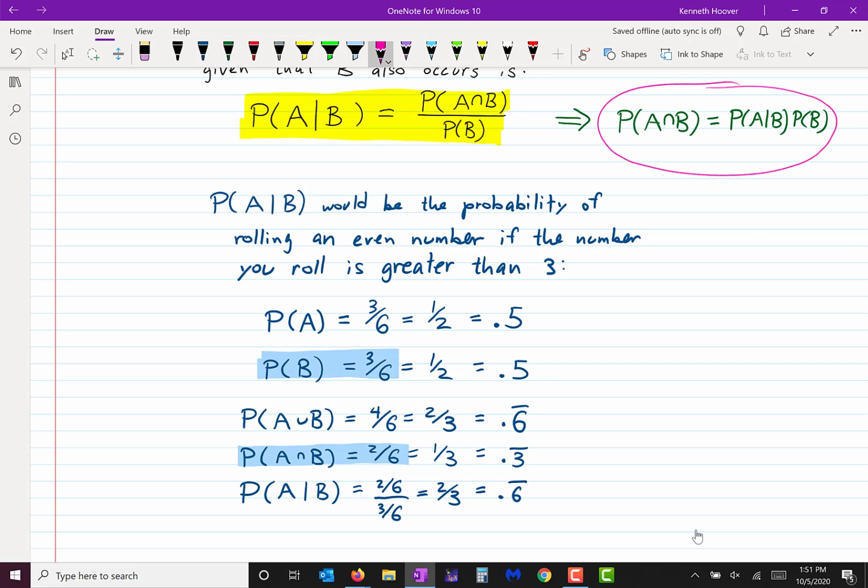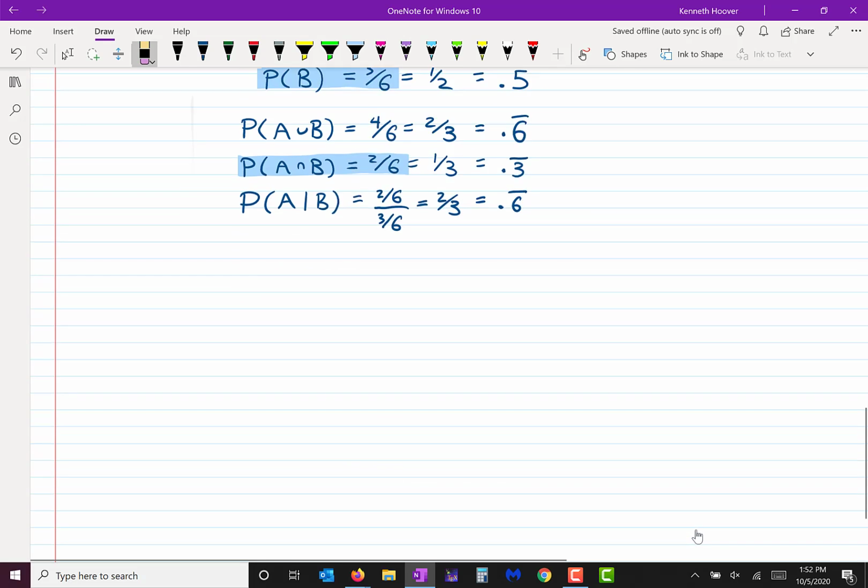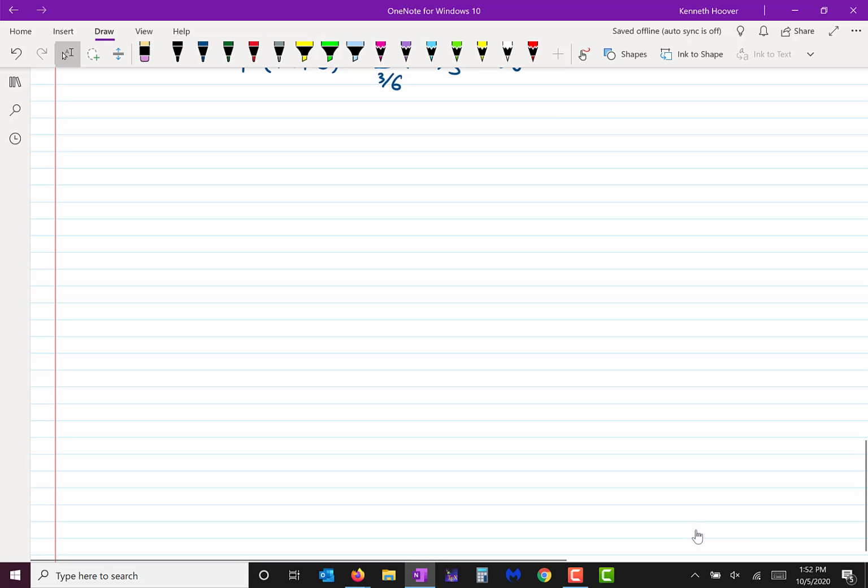The book calls that the multiplication rule. I'll write that down further down at the bottom. I'm going to erase it from here and let's go write it down. The book calls this the multiplication rule.